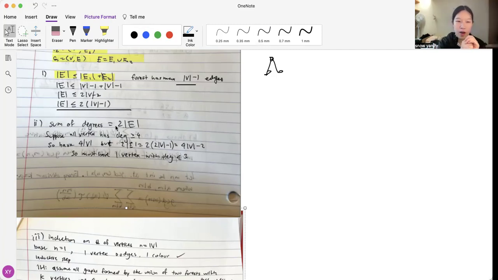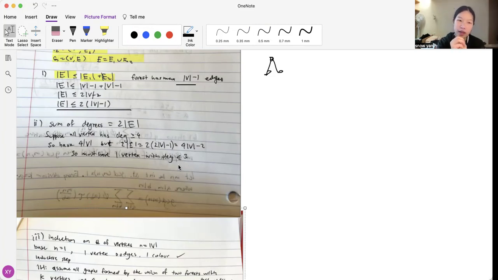So I suppose that all of the vertices have degree greater than or equal to 4. Then I would have 4 times v. But unfortunately, 2 times e of this thing is only that. So that means there must have been a vertex with degree less than or equal to 3.